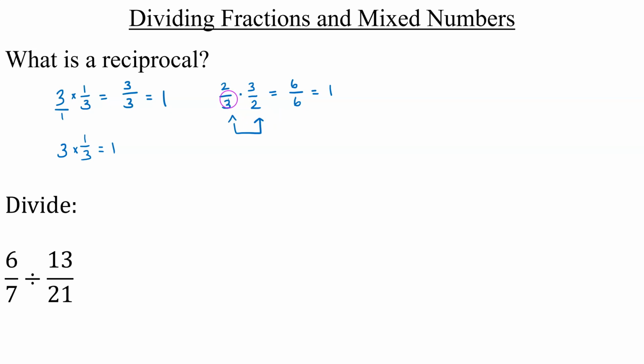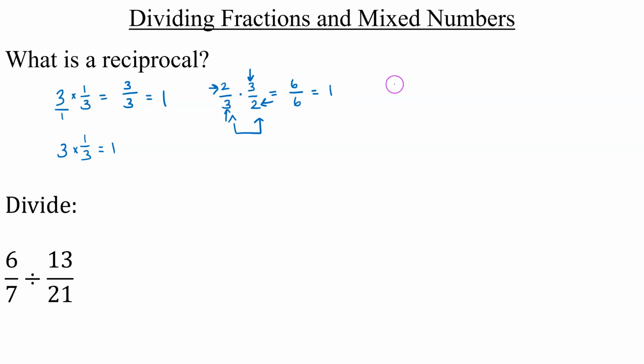And what you might notice, and you might have noticed it with the first example, is this first fraction's numerator is the second fraction's denominator, and the first fraction's denominator is the second fraction's numerator. So in order to find a reciprocal, you flip the fraction.